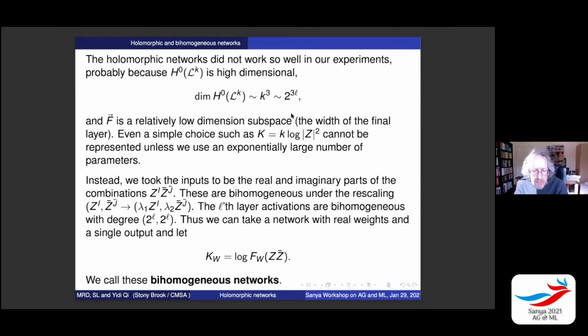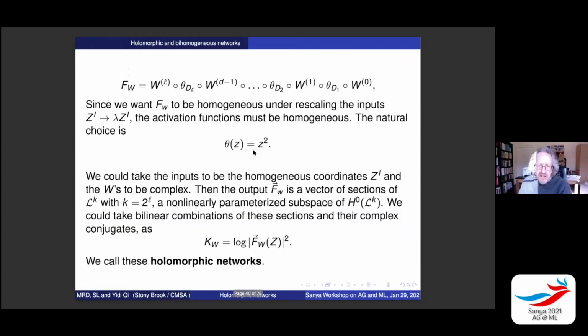But that problem can be solved by the slight modification of, instead of putting in holomorphic functions, we're going to put in bihomogeneous combinations of a holomorphic and anti-holomorphic. So we might take, for example, the homogeneous coordinates times their complex conjugates, and then there would be 25 real variables. And we'll still take the activation function to be z goes to z squared.